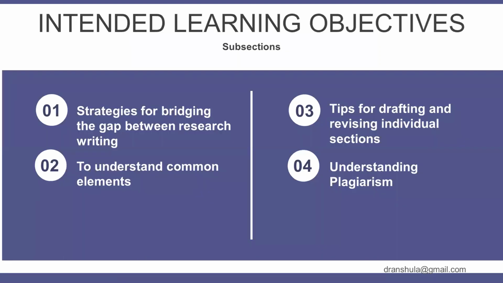So keeping that in mind, let's begin with the intended learning objectives being first, strategies for bridging the gap between research writing, to understand common elements, tips for drafting and revising individual sections, and then understanding what is plagiarism and which shall maintain your publication ethics and academic integrity.